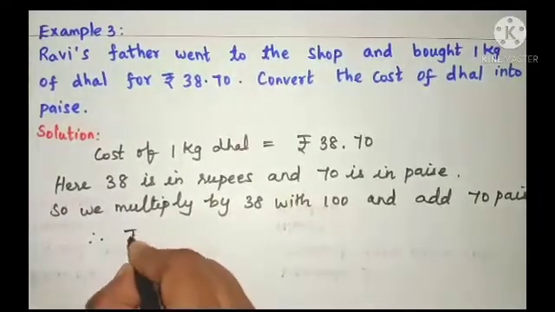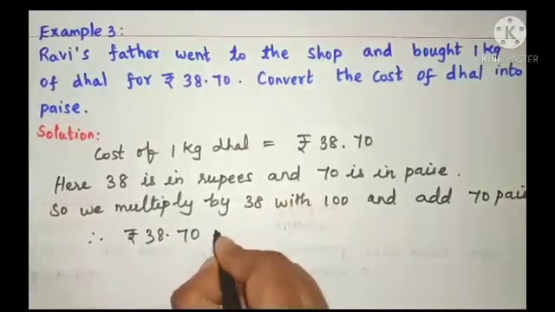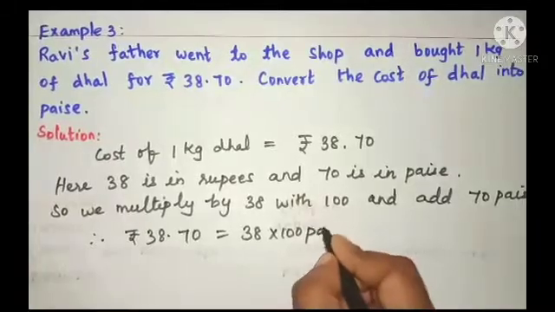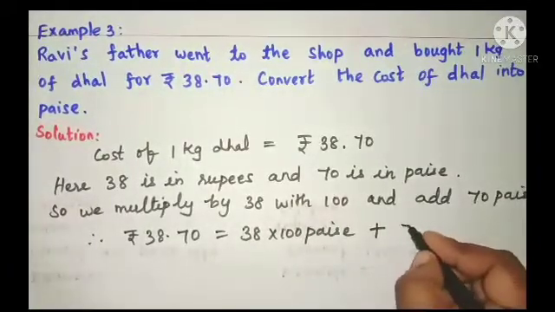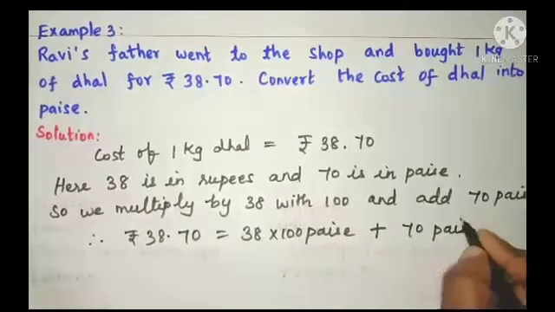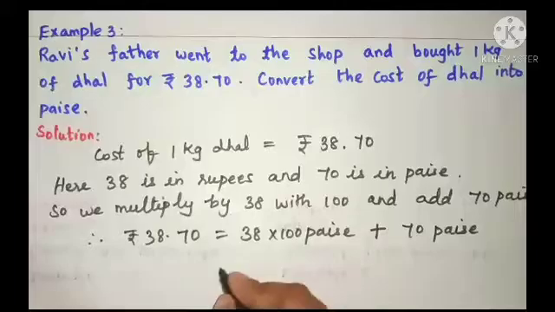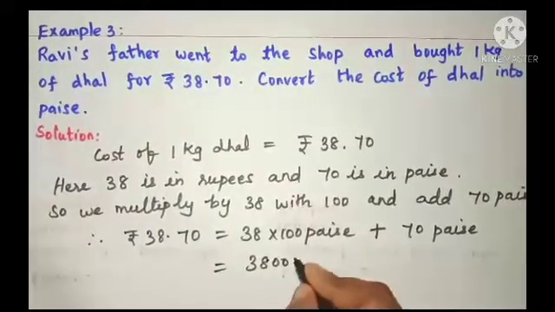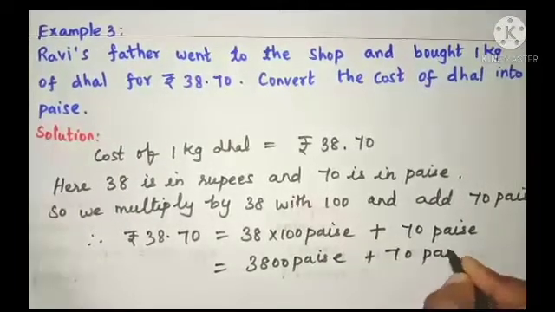Therefore, rupees 38.70 pies can be written as 38 into 100 pies plus 70 pies. So both are now in pies. 38 into 100 is 3800 pies plus 70 pies.